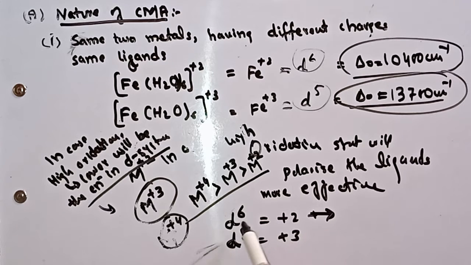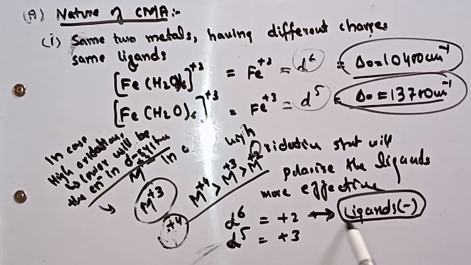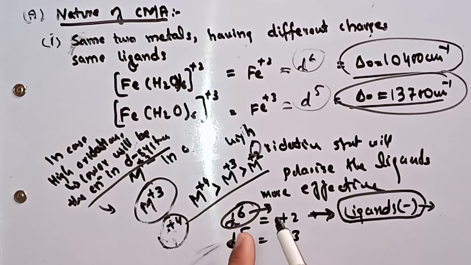If there are more electrons in the d system, the ligand, which is itself negatively charged, cannot approach the central metal ion effectively, because the many d electrons show repulsion, some resistance to the ligand electrons. That's why the ligand cannot approach easily.